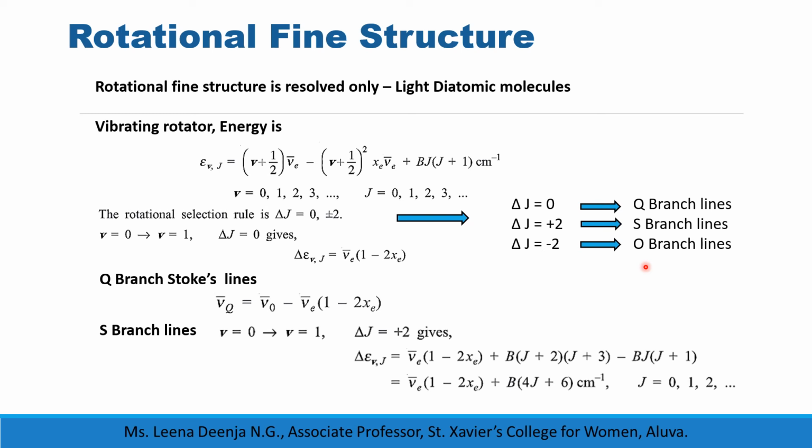If the lower vibrational level is marked as V double dash, then in that V double dash level there will be a number of rotational levels with J value 0, 1, 2, 3, etc. The upper vibrational energy level, if it is V dash, will likewise have rotational energy levels with J equal to 0, 1, 2, 3, etc. So from the lower vibrational level to the upper vibrational level transition, delta J can change by minus 2 also.